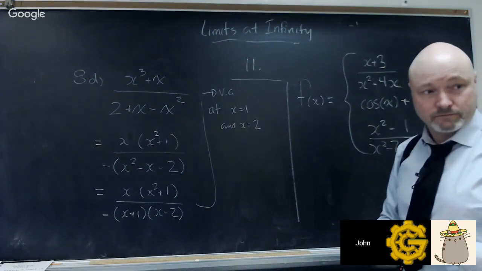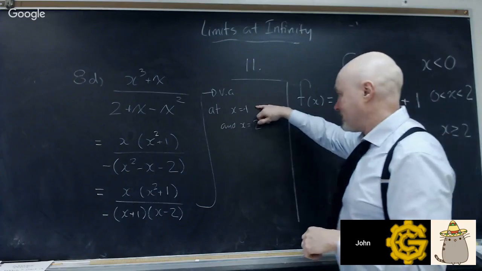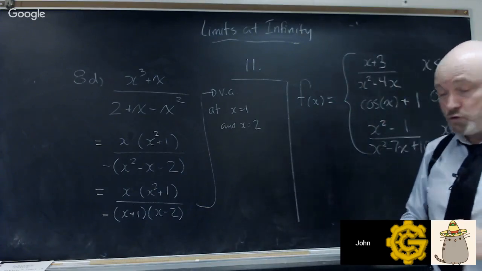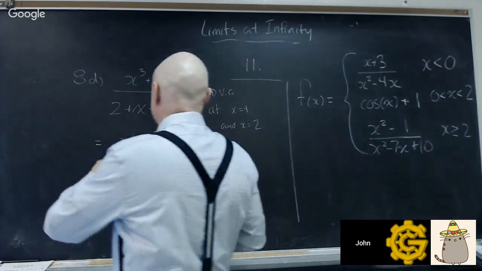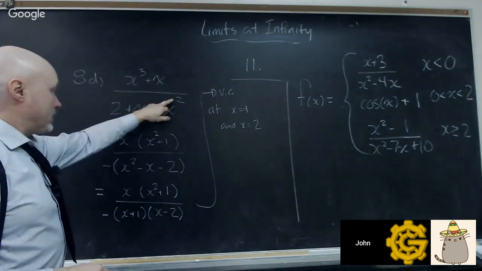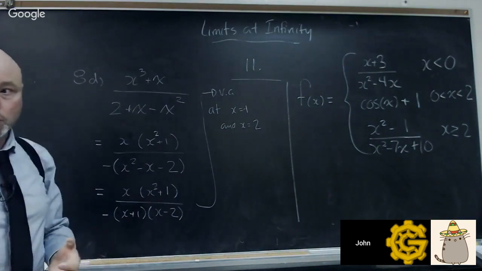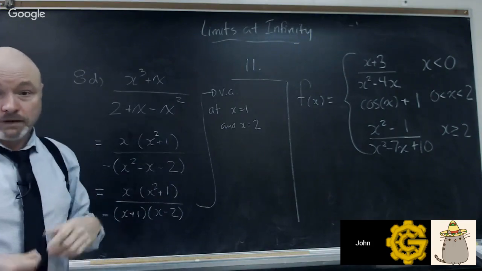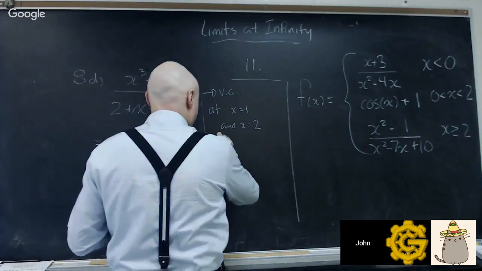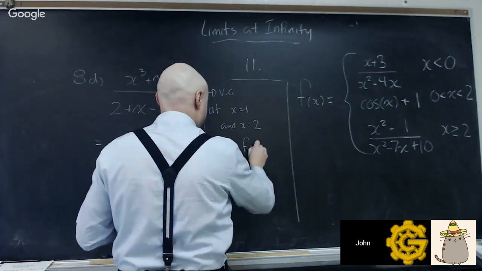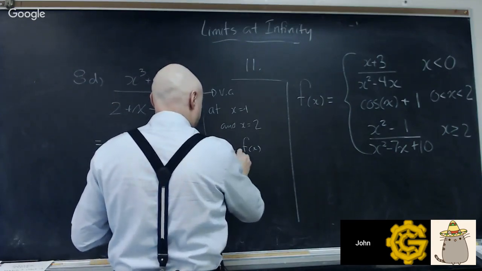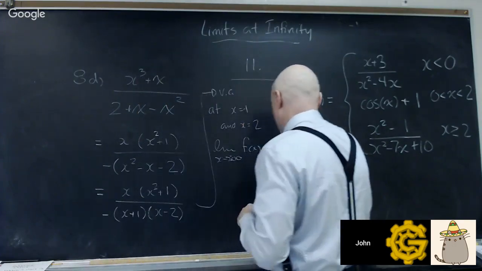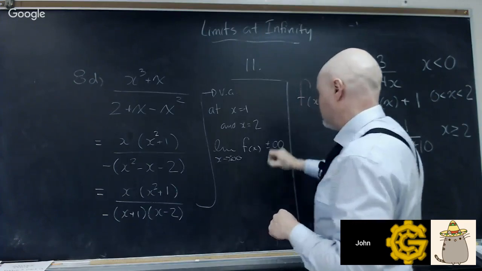How'd we do? Okay. We have a vertical asymptote. One is at x equals -1 and one is at x equals +2. Looking at the degree of the top and the degree of the bottom, I can see the degree of the top is greater than the degree of the bottom. And so basically the limit of this function as x goes to plus or minus infinity is going to be plus or minus infinity.